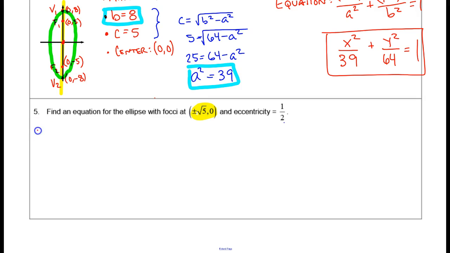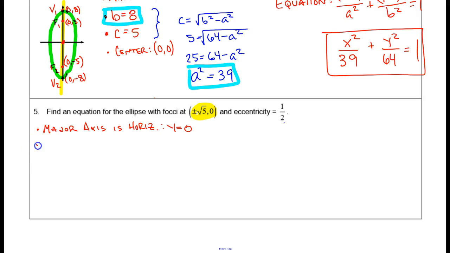First of all, it tells us that the major axis is horizontal. And the reason why it tells me that is because the x-coordinate is changing. So along the line y equals 0, we have negative root 5, 0 and positive root 5, 0 for the foci.